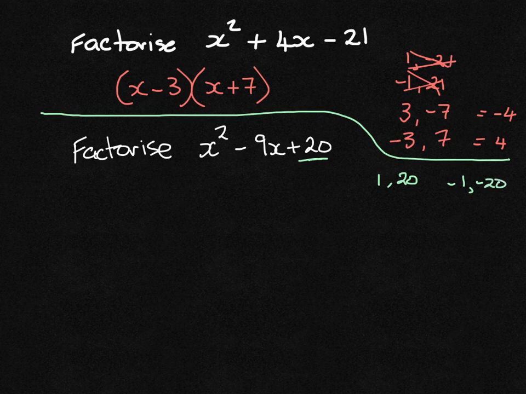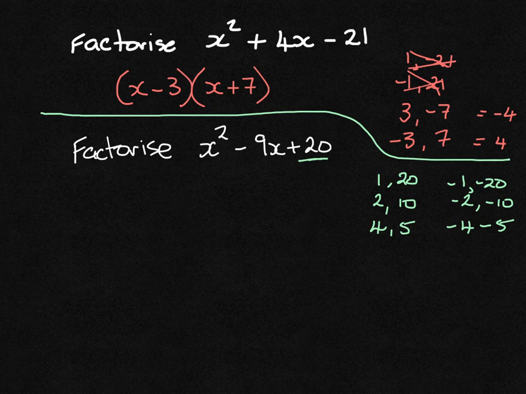So you could have both being positive or both being negative. You've got 2 and 10, and of course its negative versions. 3s don't go into 20, 4s do. So you've got 4 and 5, and you've got -4 and -5. Those are your factor pairs of 20.